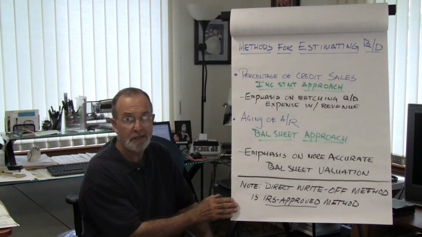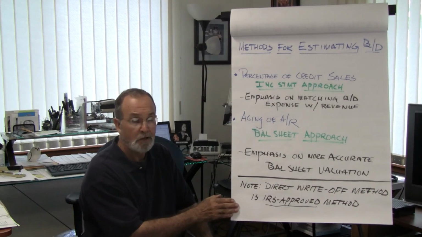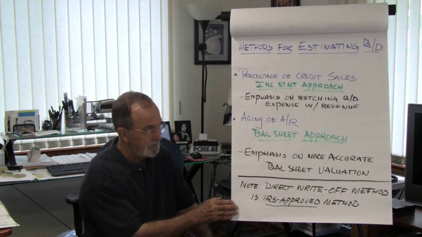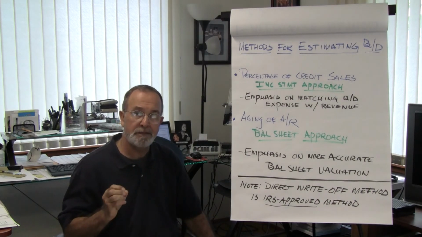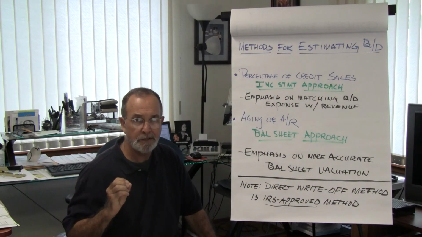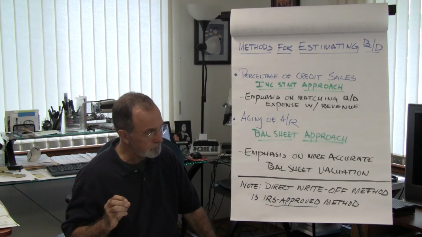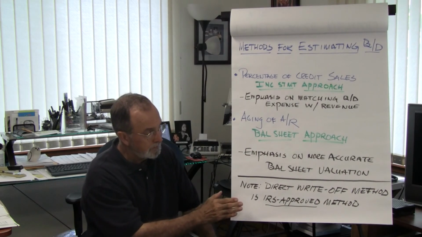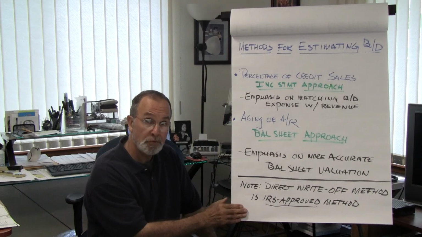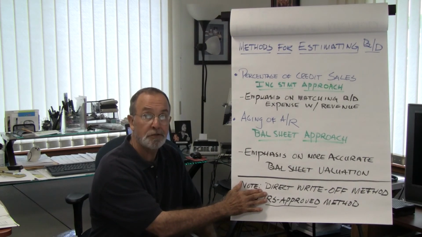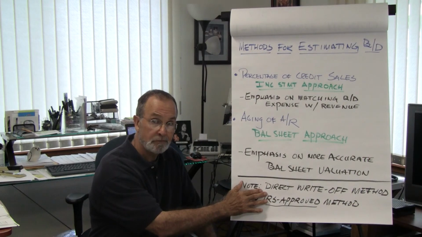There is a second method of accounting for bad debt expense. It is not the method prescribed under generally accepted accounting principles, which is the allowance method. The method that is the IRS approved method is what is referred to as the direct write-off method.